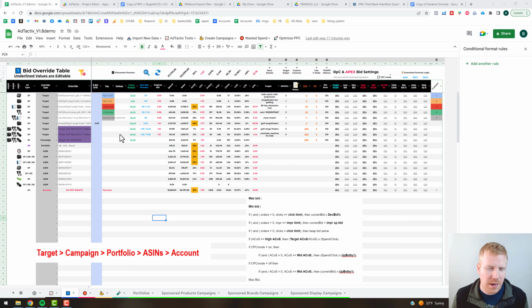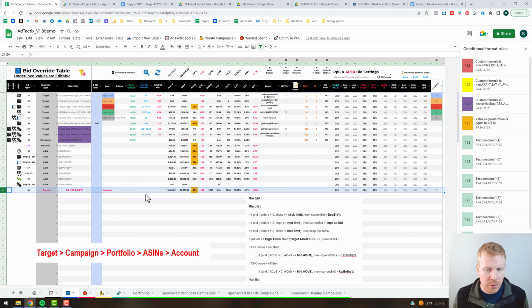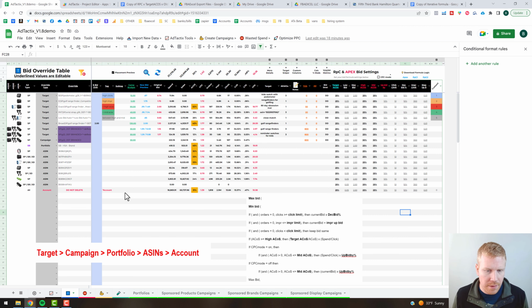And then for the rest of them that really aren't doing as much, you don't spend as much time focused on those. Group those, or let this account level row, which is the simplest way, handle the rest of them. So you can bid more conservatively on the account level stuff and then bid more aggressively on the things that are really working well for you. So again, a lot of different ways you can do it.